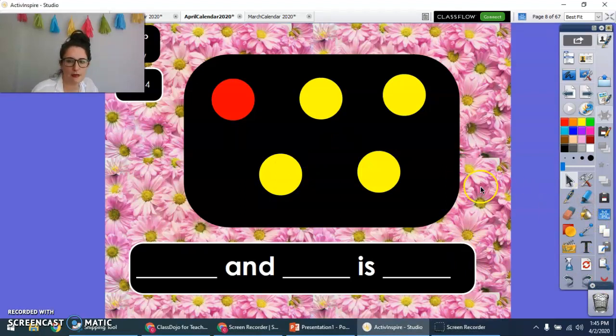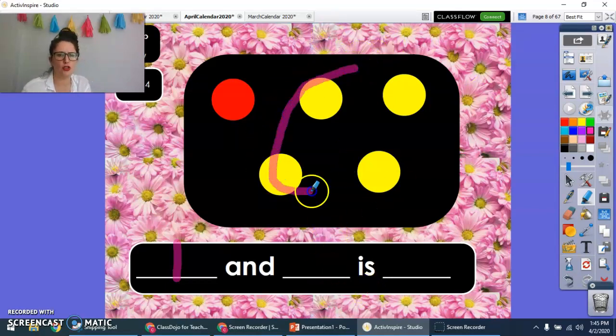All right, so I'm coming over here and I'm looking at my red or my yellow first. You're right, red. I'm going to look at the red. So how many red do you see? Yeah, I see one red. So I'm going to put a 1 in this box. Now, 1 and blank is blank. So I need to find out how many yellow are next.